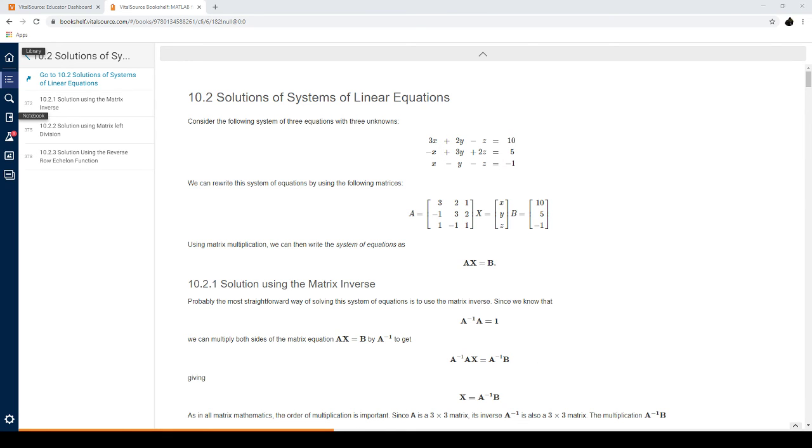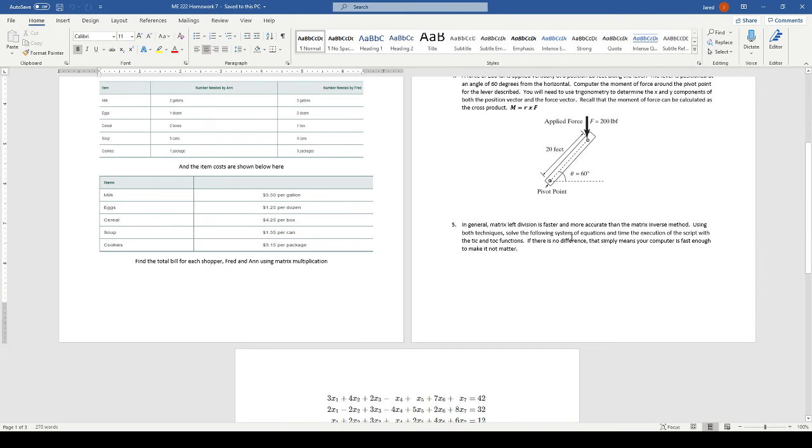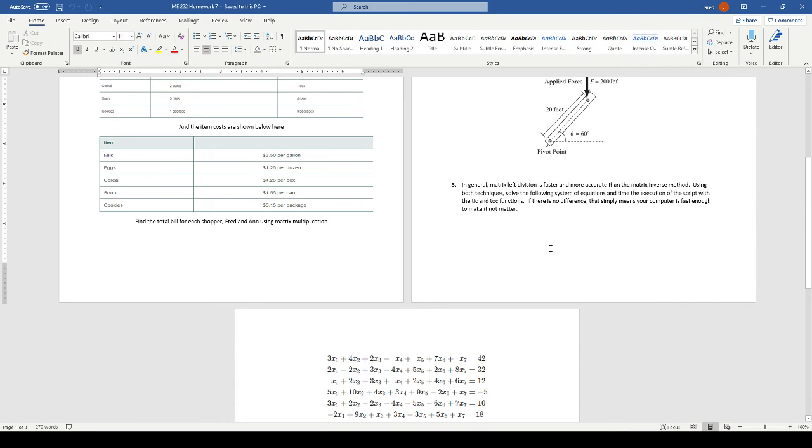If anyone's looked at the homework, if you have or if you haven't. The last question says, in general, matrix left division is faster and more accurate than matrix inverse method. Using both techniques, solve the following system of equations and time the execution of the script with the tick and tock functions. If there's no difference, that means your computer is fast enough to not make it matter.